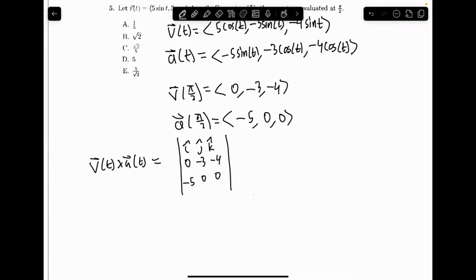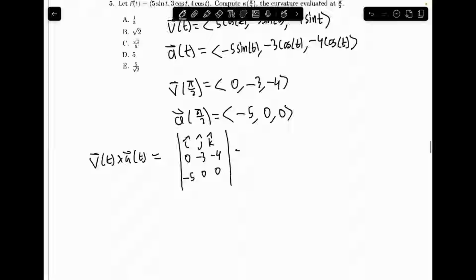And it's going to be the determinant of this matrix. If you remember, for the first component you cross out these two, and you multiply the items in the diagonal, then subtract the product of the items in the second diagonal. So -3 times 0 is 0, minus -4 times 0 is 0, which is just a nice 0.